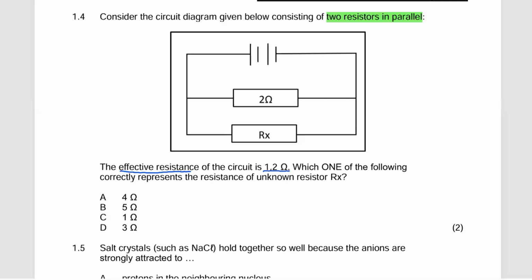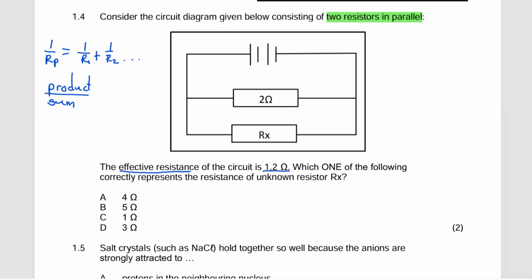So we know we have two formulas when it comes to resistors in parallel. On our data sheet, we'll find this one, 1 over Rp is equivalent to 1 over R1 plus 1 over R2, depending on how many resistors we actually have. And then the second option is product over sum, the product all over the sum, right?